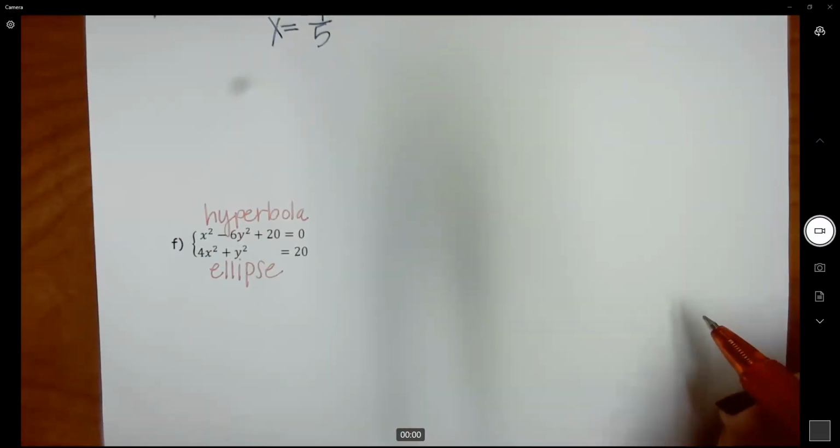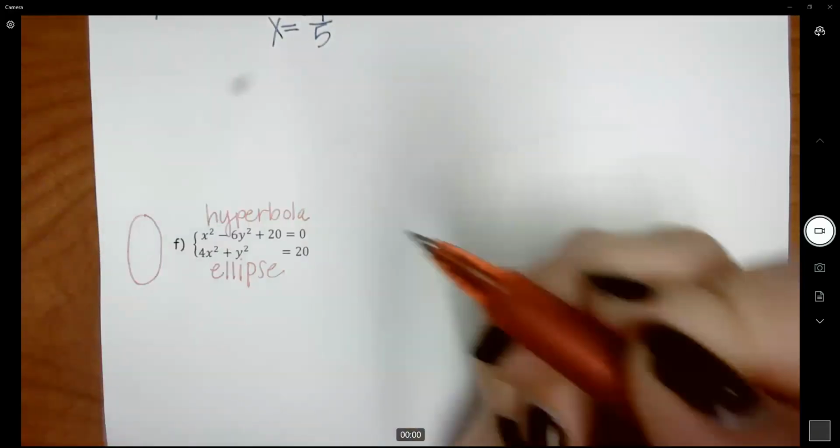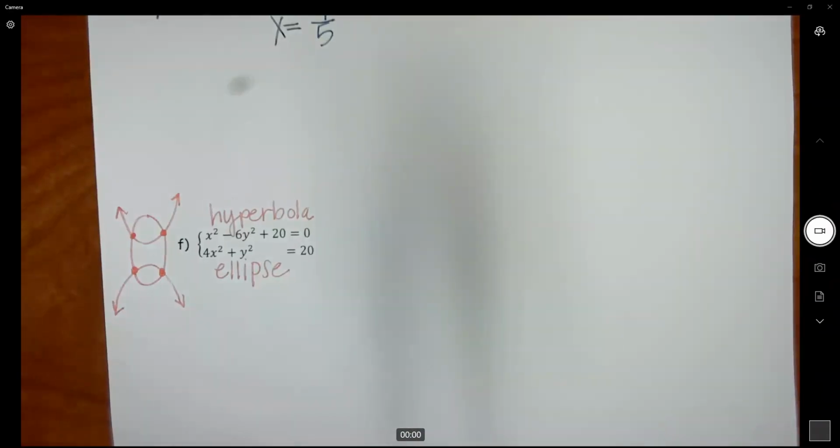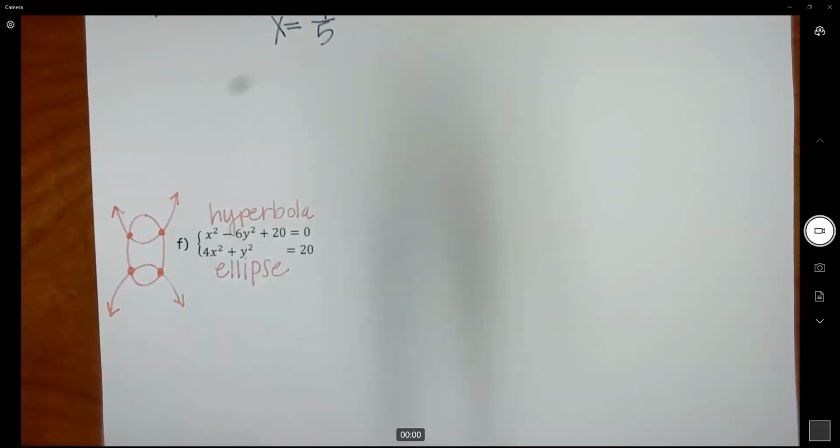So we have another ellipse. So if I have my ellipse, and I have a hyperbola going through, here we can have 4 solutions. So let's see what we get.